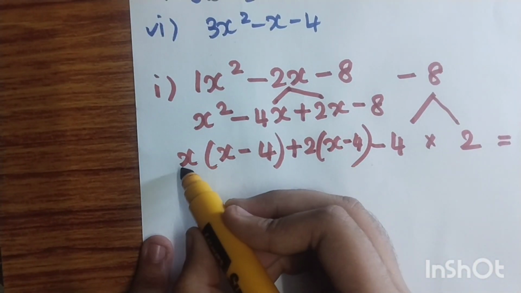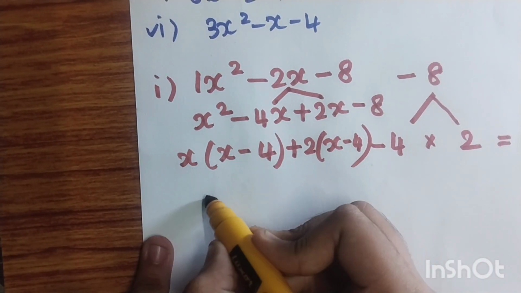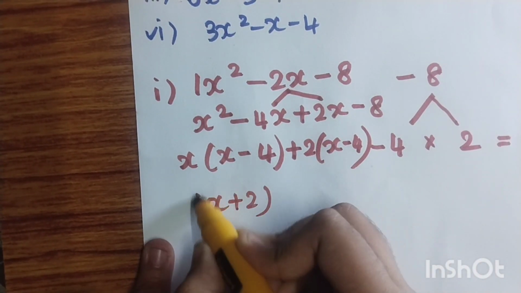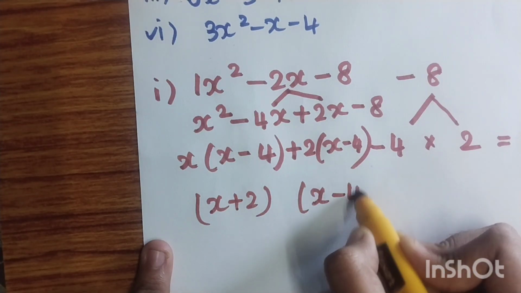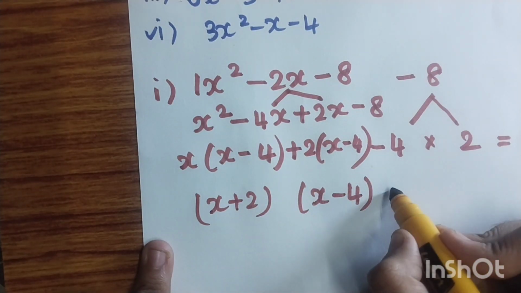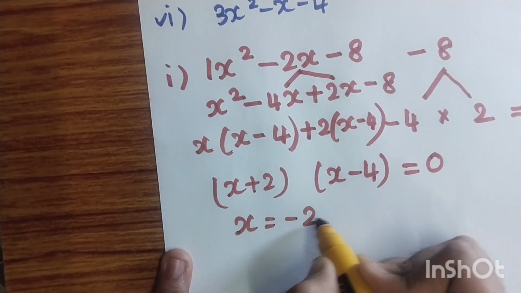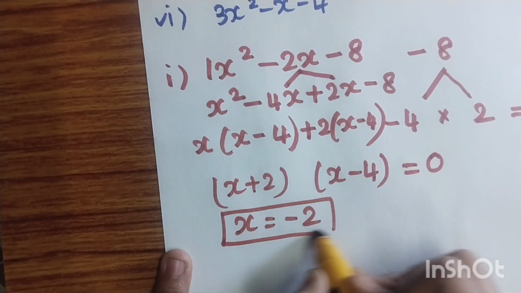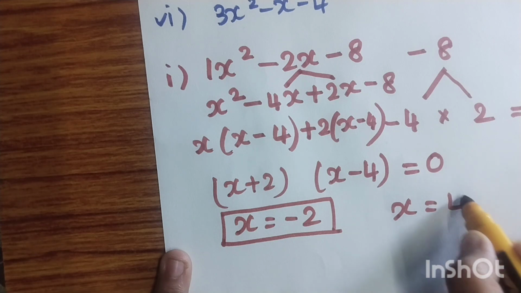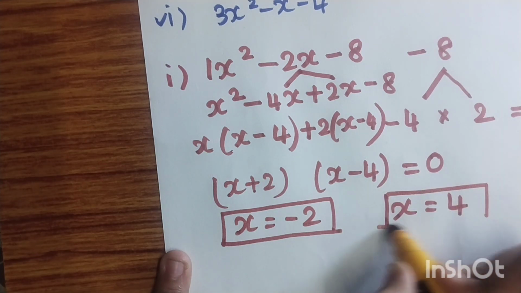Now I can group both: x plus 2 times x minus 4 is equal to 0, which gives x is equal to minus 2 and x is equal to plus 4.